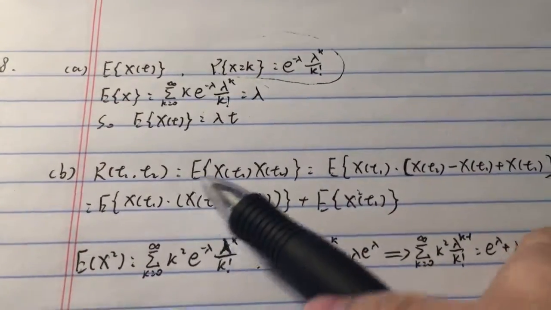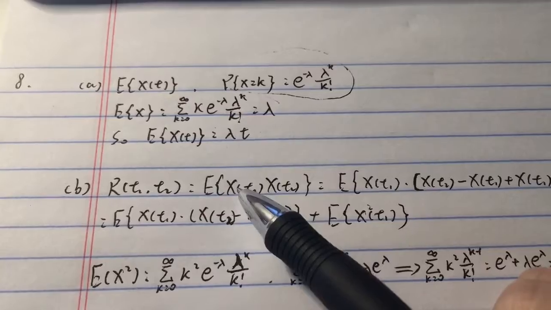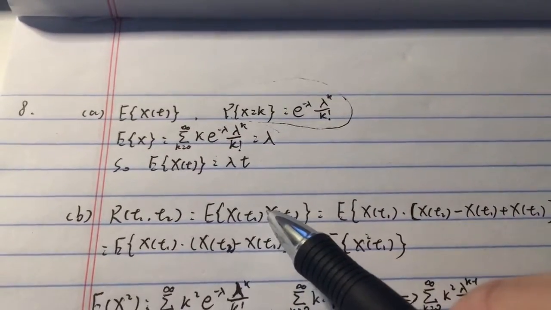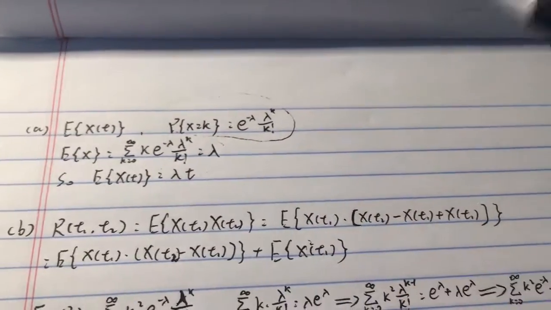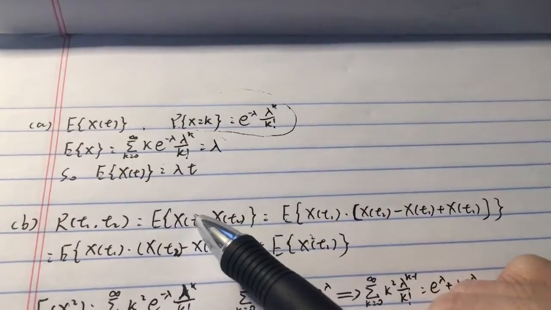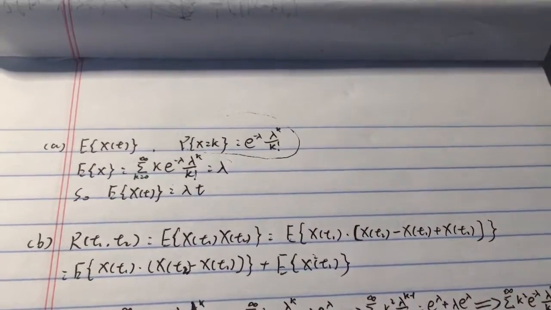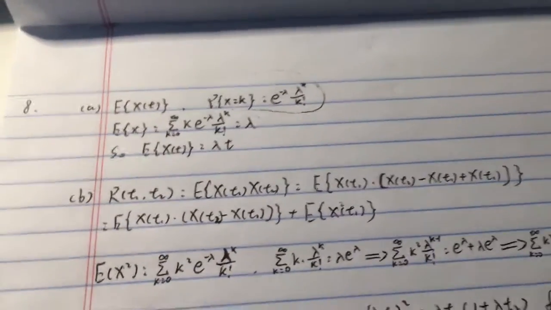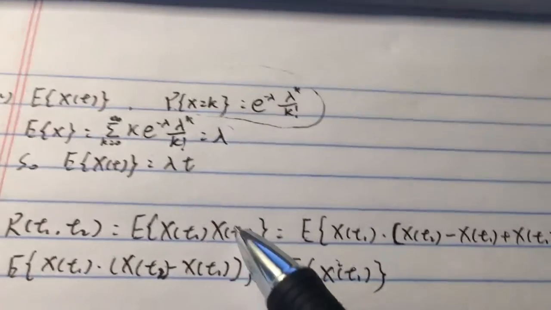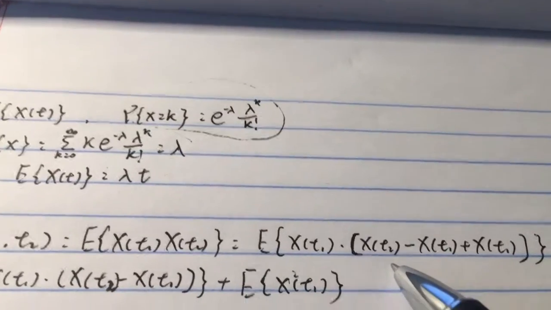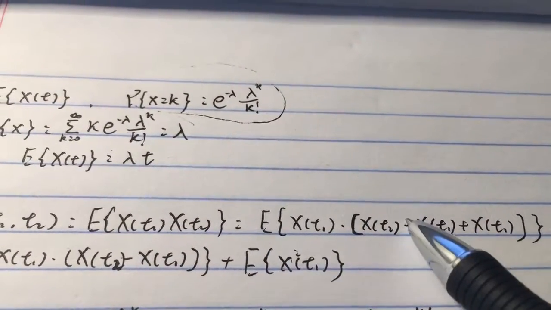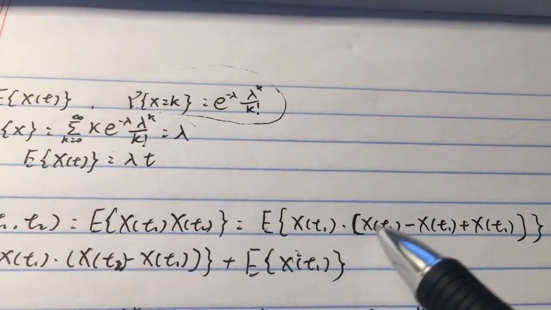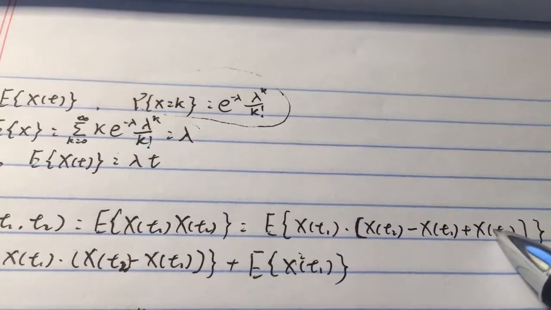It should be equal to the mean of xt1 multiplied by xt2. Now we need to do some transformation: xt2 should be equal to xt2 minus xt1 plus xt1.